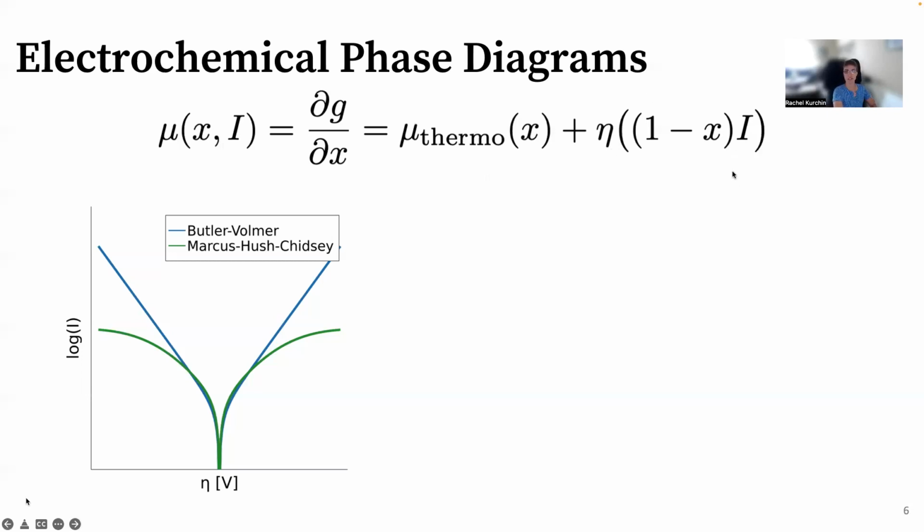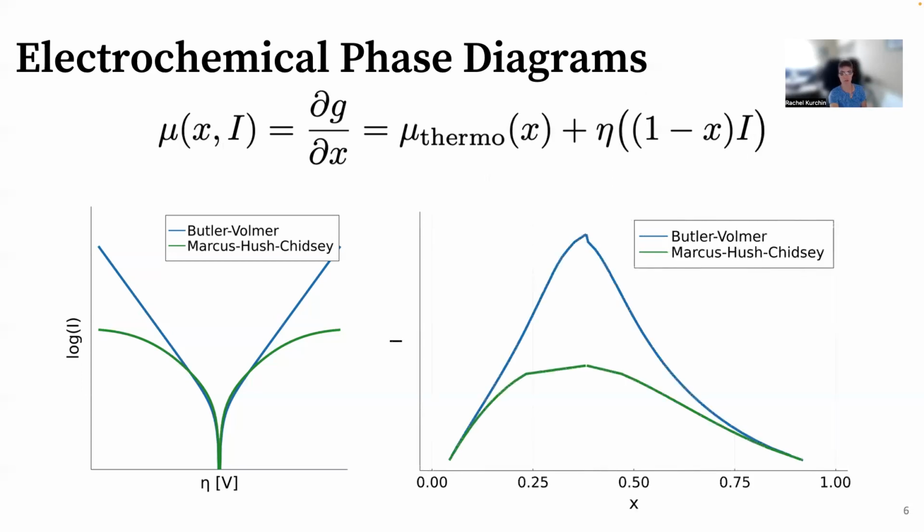And we add a term that looks like this onto the conventional thermodynamic model. And we can then build these phase diagrams that have composition on the x-axis. So we can imagine how much lithium has intercalated into some electrode for a battery, for instance, and see what that phase separation behavior will look like as a function of the model that we use. And we see that we can get really qualitatively different behavior.